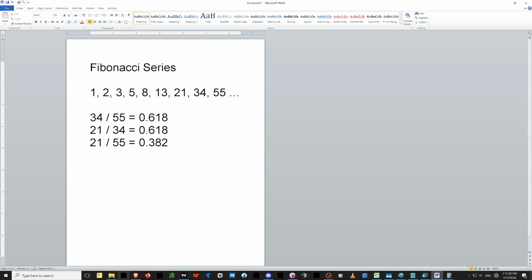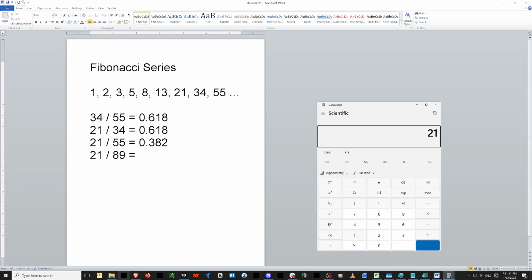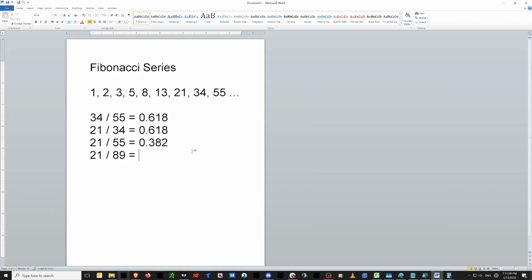And so that the math works out a little bit better here, I'm going to take the next series and say 21 divided by 89. We're going to go out to the next Fibonacci number. 21 divided by 89 is 0.23595, so that's 0.236.